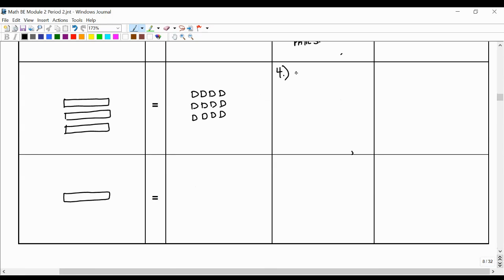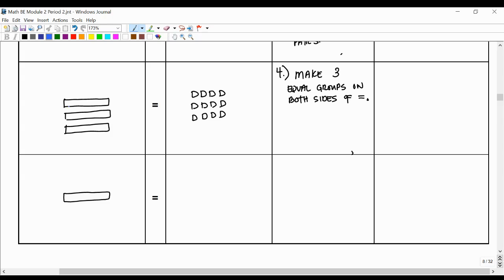This step was always make groups. We're going to make, and the groups is equal to the number of rods, make 3 equal groups on both sides of the equal sign.